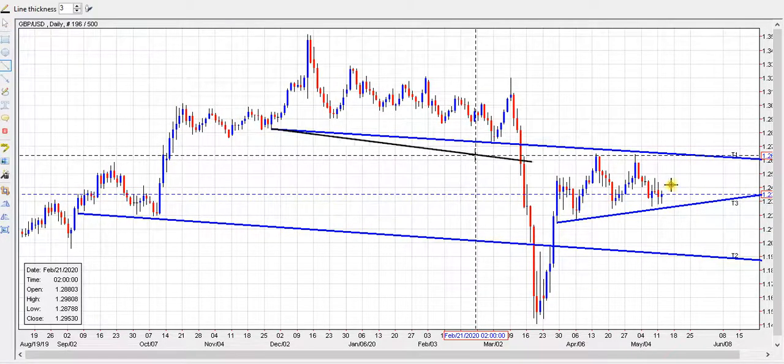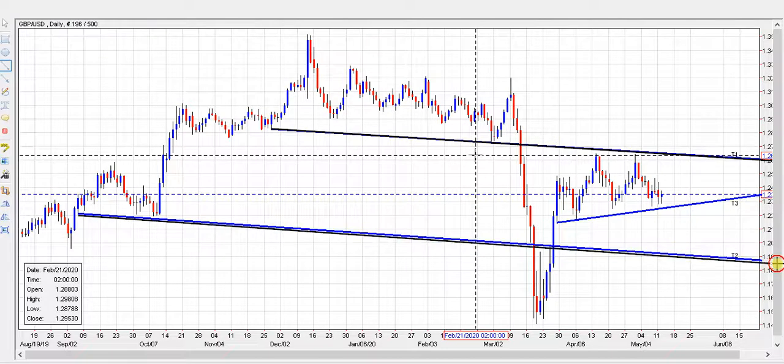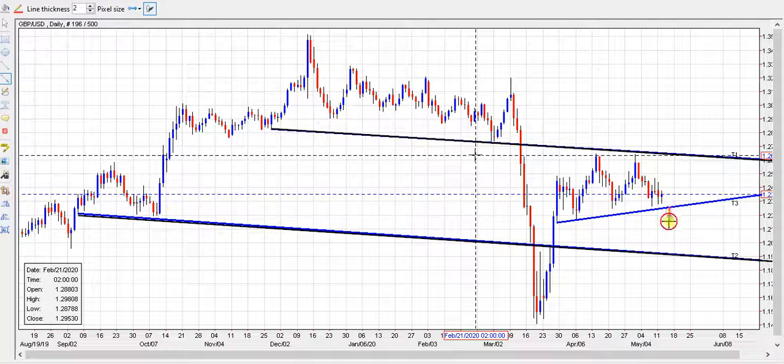Between here and here. And this is basically a median within this channel. So if the price is breaking under, then this is the flow.